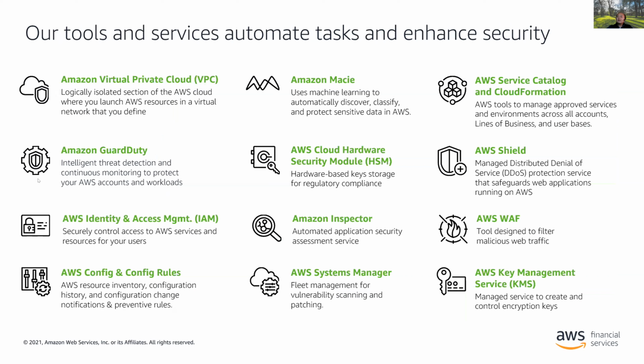This gives you a list of the tools and services that can help you meet the security and compliance requirements. This is not an exhaustive list, but it gives you an idea that we have a broad set of tools you can utilize to meet your security and compliance needs.